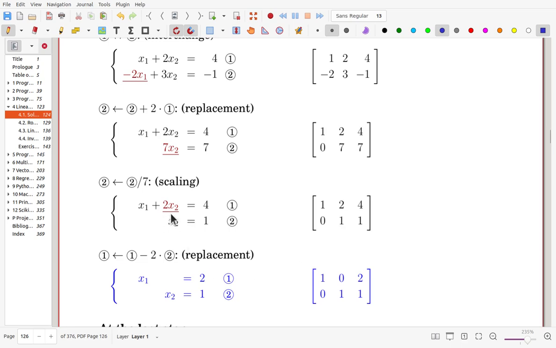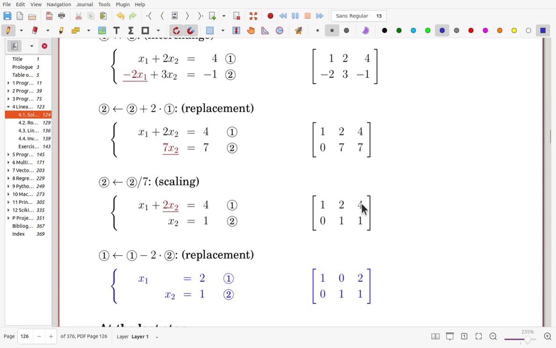Now we can eliminate this one by subtracting twice this second equation. Then it will be 0. 2 subtracted, so it becomes 2. Now the same operation can be applied here. So twice subtraction, that will become 0.